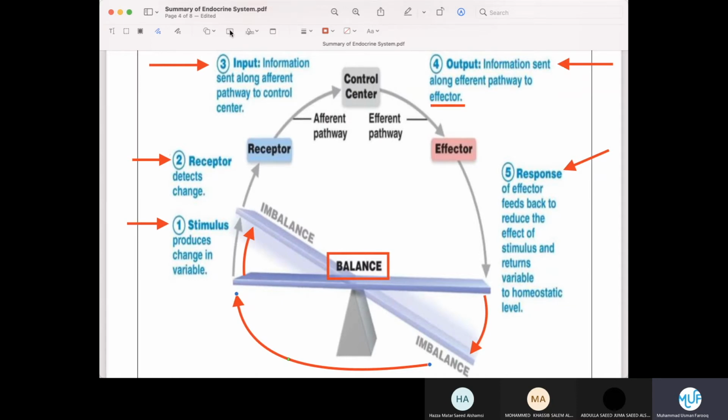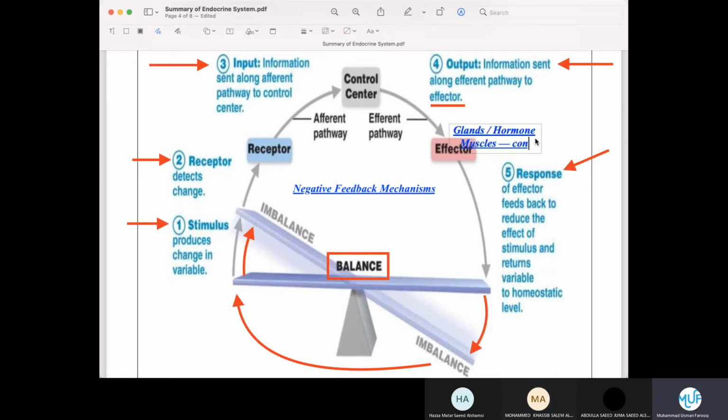Such processes are called negative feedback mechanisms. So these processes are called negative feedback mechanisms, the conditions which bring the processes back to normal. Yes, it is to balance.